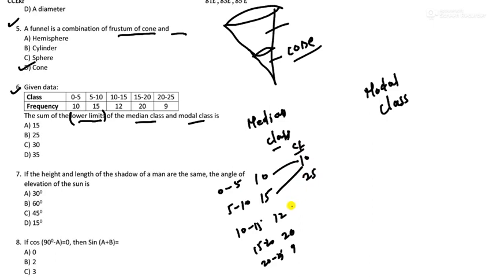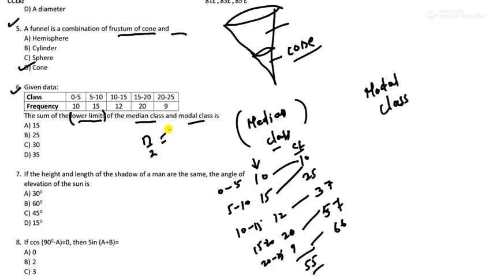So this is 25, this is 37, this is 57, and this is 66. Now for the median class we have to find n by 2. n is the sum of all the frequencies. So 10 plus 15 plus 12 plus 20 plus 9, when you add them all you will get 55.